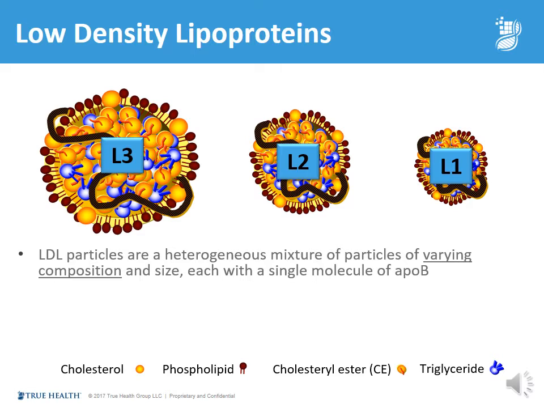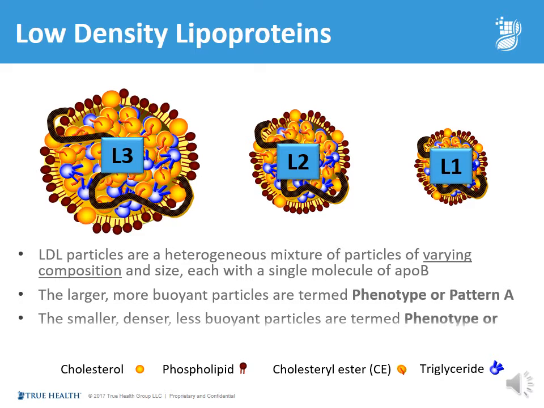Many would be very similar, but they can be all over the place as to their content and their size. The larger, more buoyant particles have historically been termed phenotype or pattern A, whereas the smaller, denser, less buoyant particles have been given the name phenotype or pattern B. That doesn't have a lot of clinical use anymore, and very few labs actually report LDL phenotypes or patterns per se.